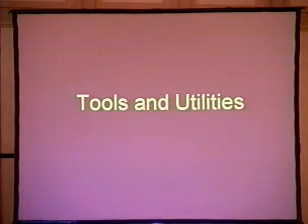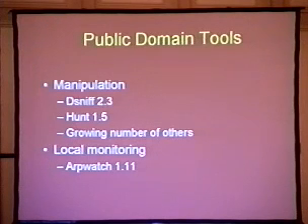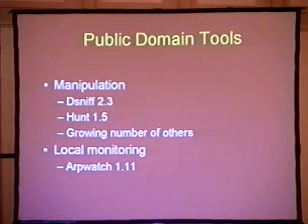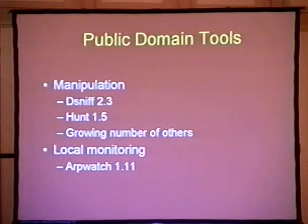So as far as tools and utilities, dsniff and hunt are probably the most common tools out there that use ARP-based attacks. dsniff is written by Dug Song. Basically, it's a sniffing utility. It works fine across hub networks or switch networks. It actually has an ARP relay capability built in. I encourage any of you, if you haven't used it before, to go out and use it. It's pretty neat.